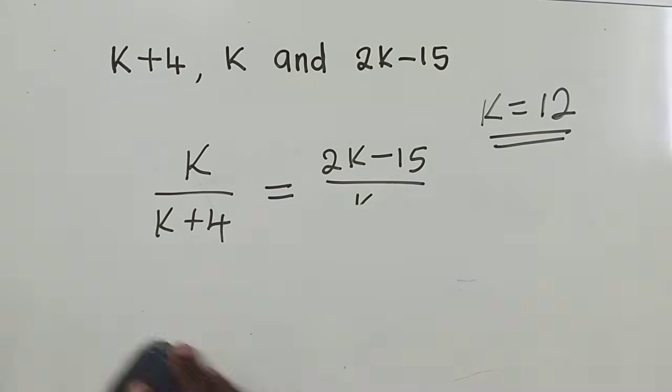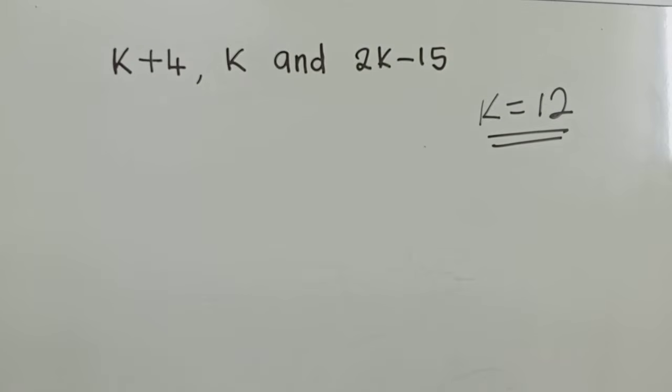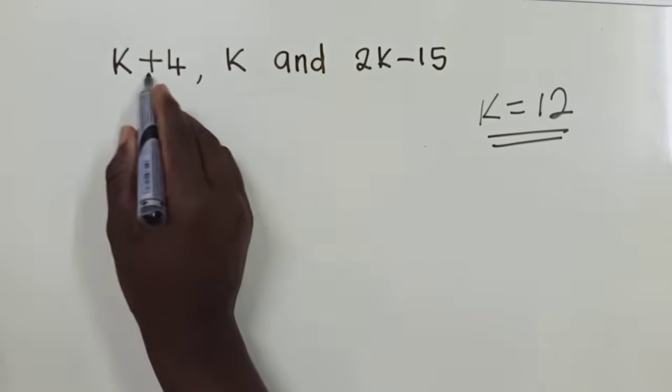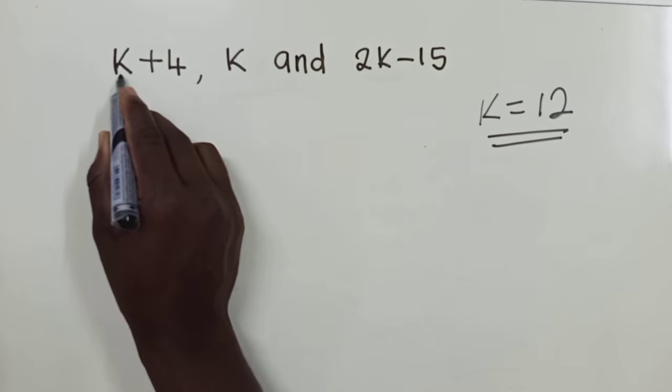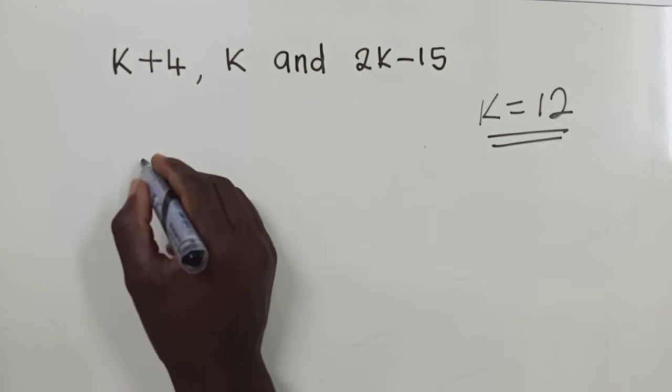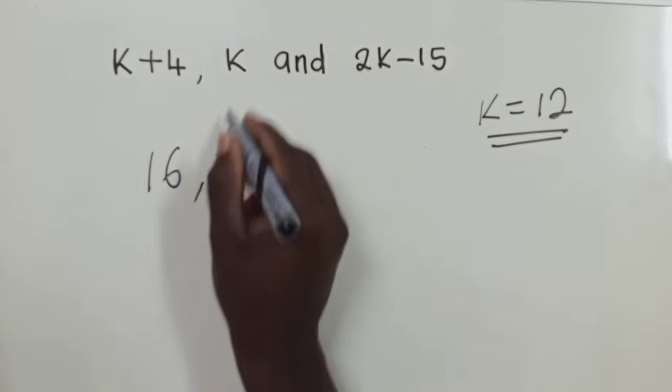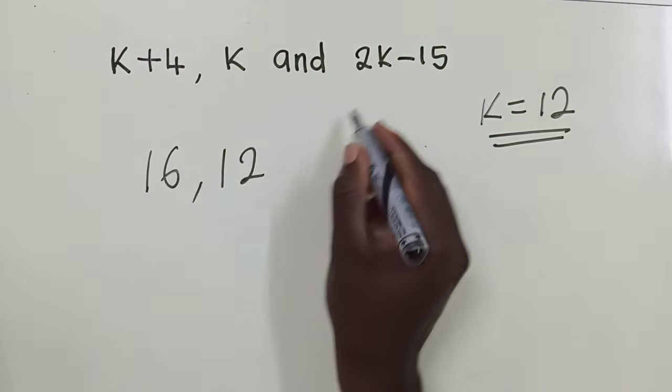The next question here, they want us to find the terms, okay? So how do we find these terms? To find the terms, we can just replace. So we put a 12 where k is, so it will be 12 plus 4, which is equal to 16, comma, we have a 12 here at k.